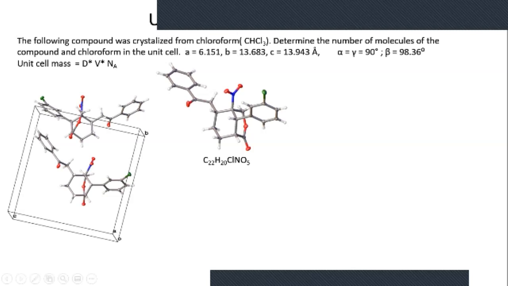We do know there are two molecules of this compound in the unit cell, and this is based on drawing the structure of the unit cell. So the first thing we need to do is calculate the volume of the unit cell.